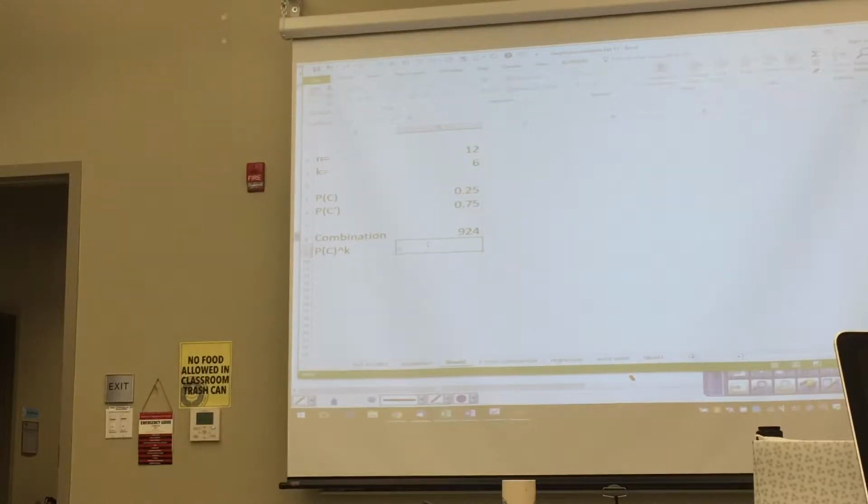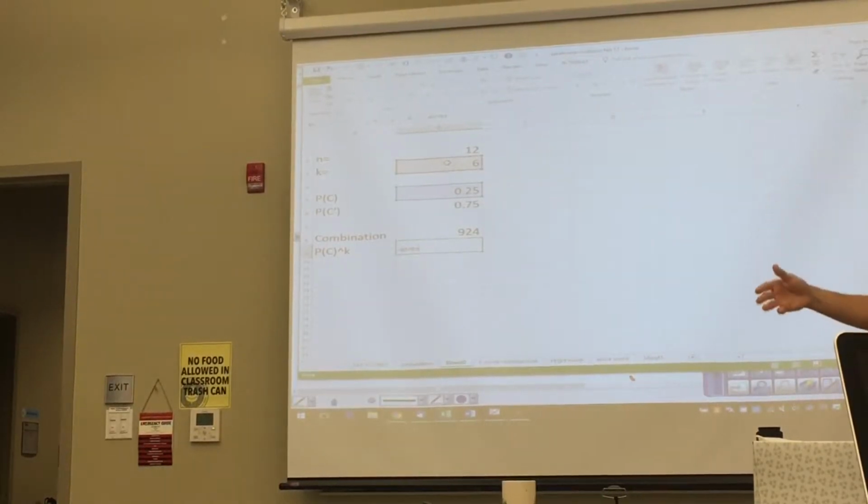So I come down here and it equals, what box does my probability of C live in? B5. And I want to raise that to the K power. Where does K live? B3. I'm just clicking on the boxes where those numbers live, because then I don't have to type them in.